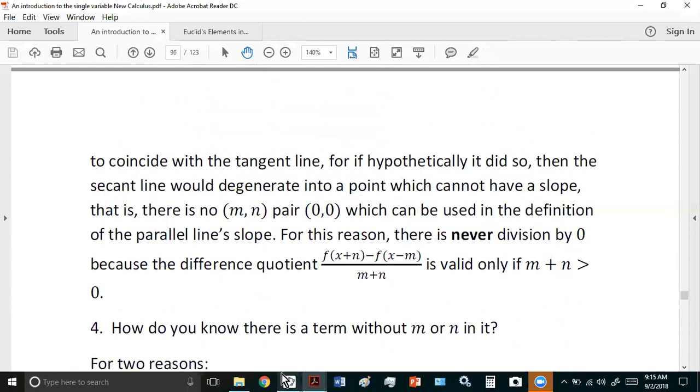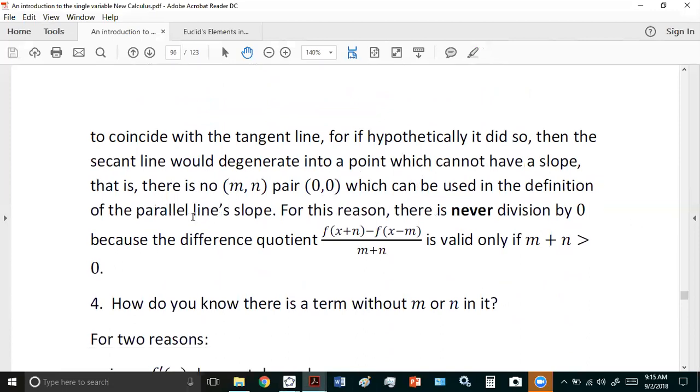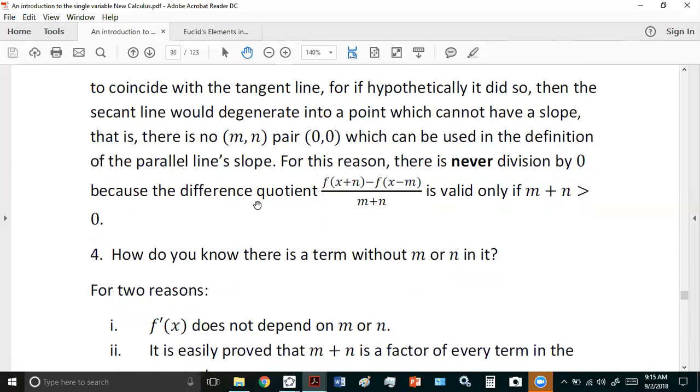As I showed you earlier in the applet, there is no mn pair 0, 0, which can be used in the definition of the parallel line slope. For this reason, there is never division by 0, because the difference quotient is valid only if m plus n is greater than 0. Both of them have to be greater than 0, not just one of them, both of them.